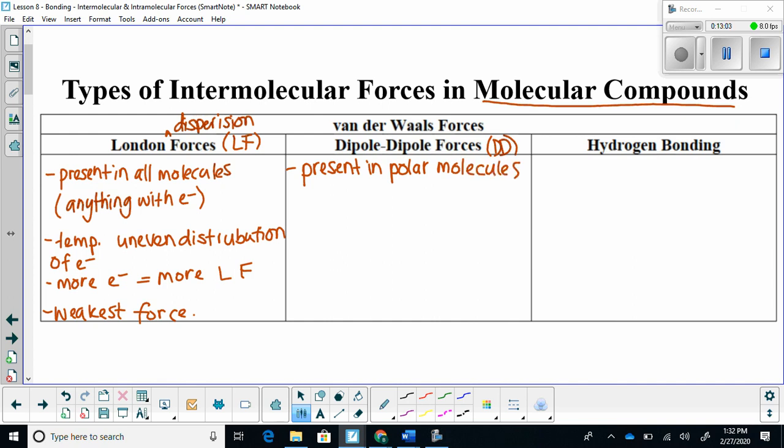Okay, so anything with a net dipole. Okay, this is a permanent uneven distribution of electrons. So notice how we form a partially negative side and a partially positive side on a polar molecule?